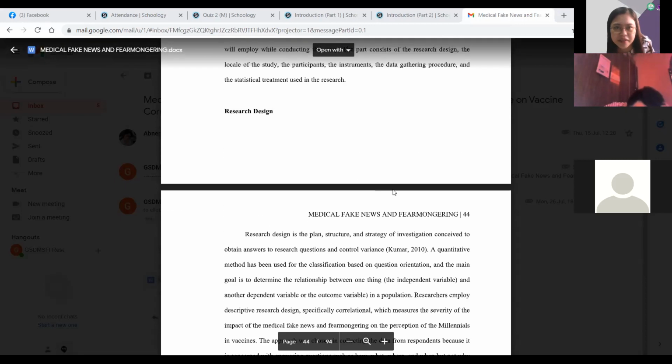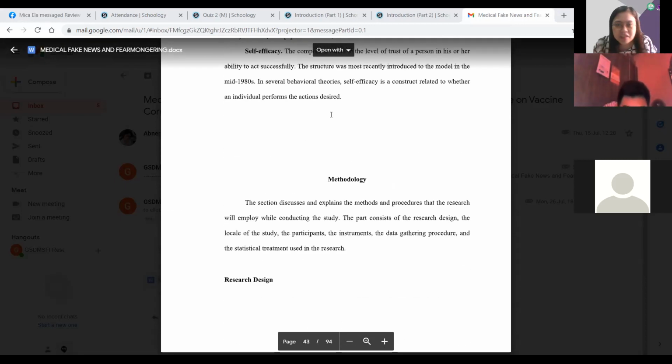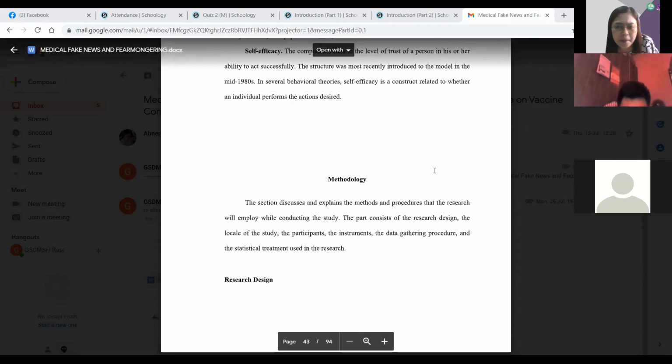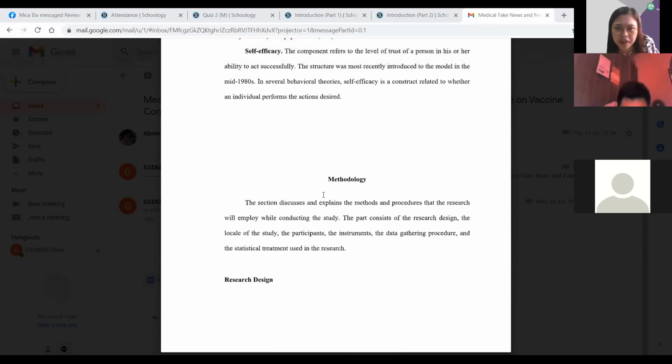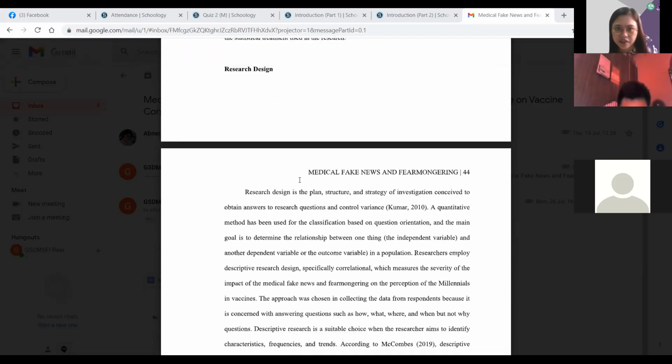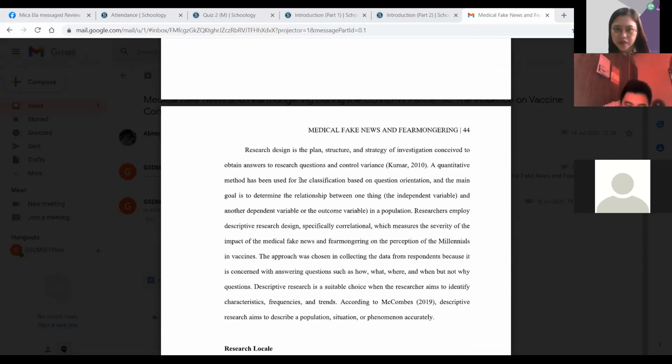Okay, this one. Research design. Na ano lang niya, or supposedly this should be next page. Well, naka-doc man gud wala ni naka-PDF sa naguba ang format. But anyway, methodology. After the introductory paragraph, you have the research design. Anong sinulat nila dito? A research design is the plan, okay? Iba lang ang pag-start nila. A quantitative, okay?